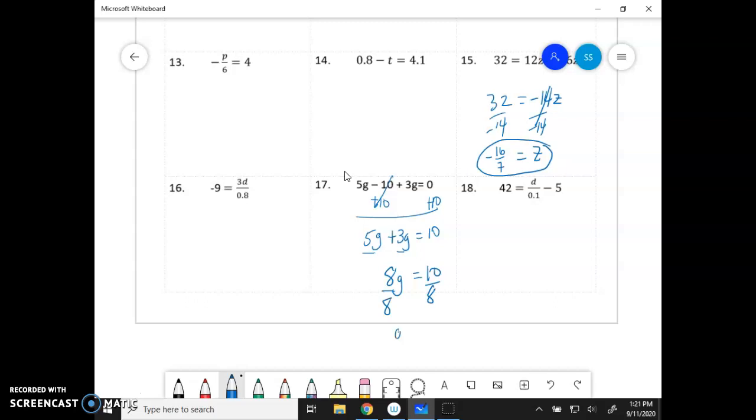So I'm left with g is equal to 5 over 4, or you might get 1 1/4, or 1.25. All these answers are correct. I don't care which way you give it to me. This is just an improper fraction, a mixed number, or a decimal. They're all right. It's all the same thing.